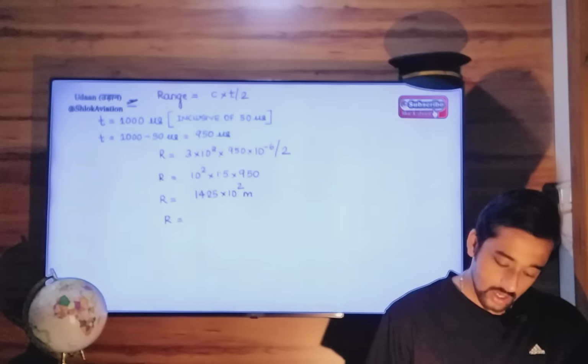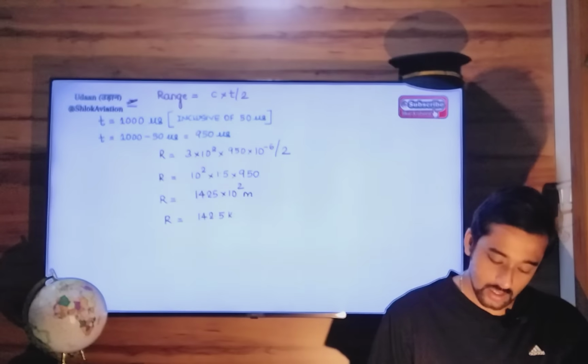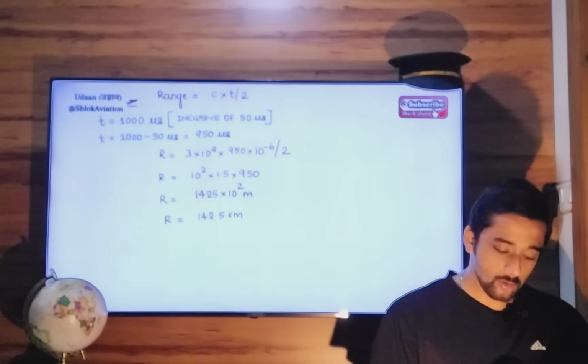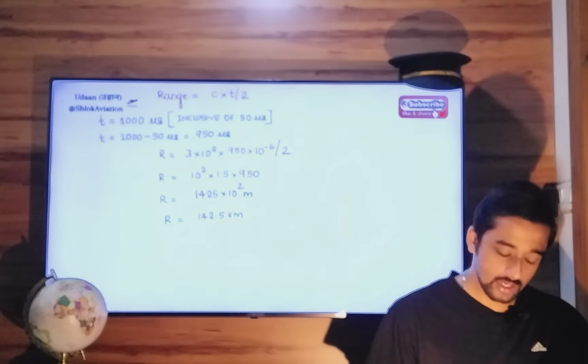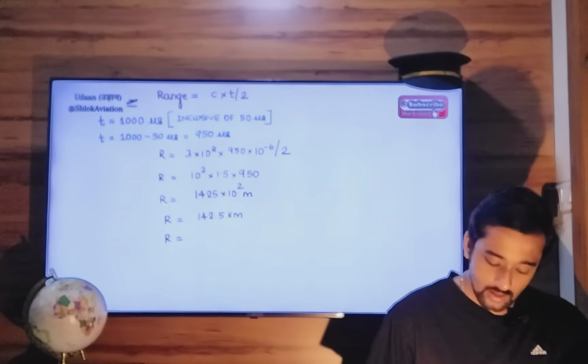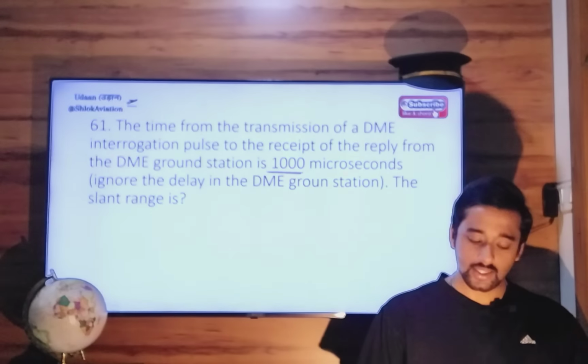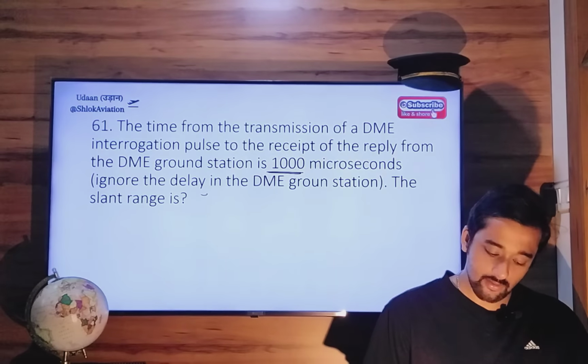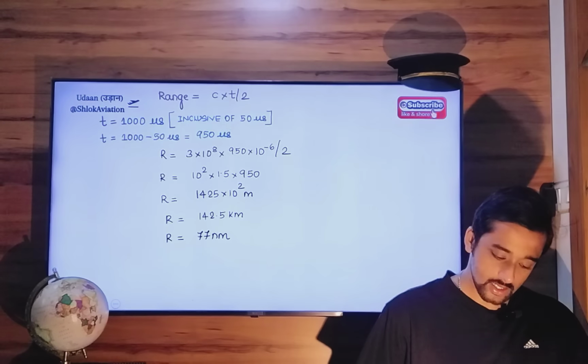So range will be 142.5 kilometer. 142.5 divided by 1.85 is 77 nautical miles. So correct answer here is slant range is 77 nautical miles.